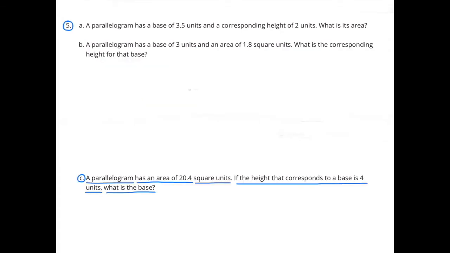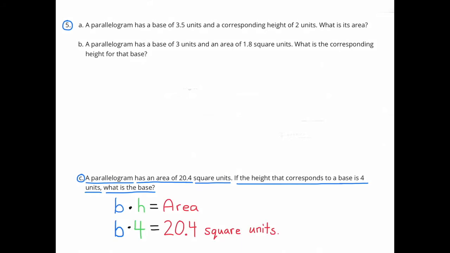C. A parallelogram has an area of 20 and 4/10 square units. If the height that corresponds to a base is 4 units, what is the base? Again, we know that the base times the height equals the area. The base is unknown, but we do know that the height is 4 and the area is 20 and 4/10 square units.